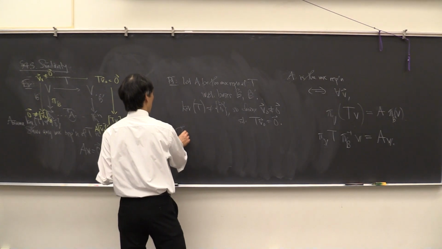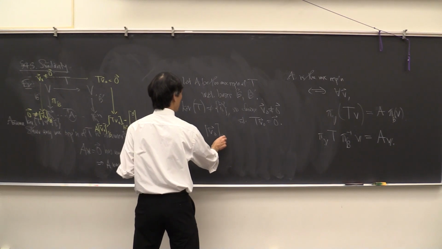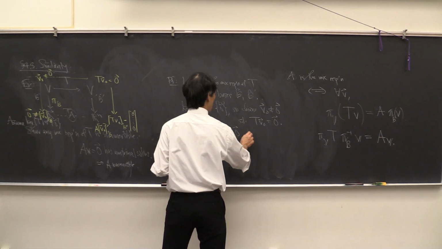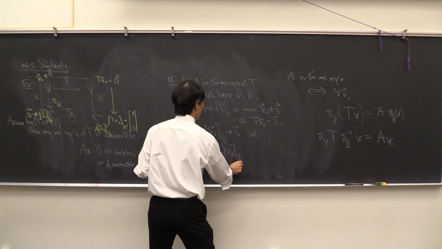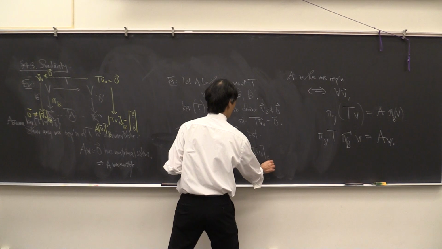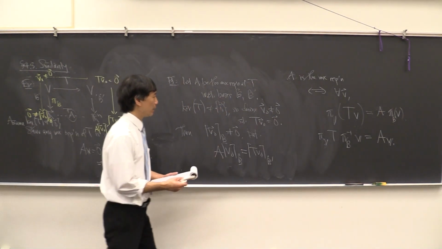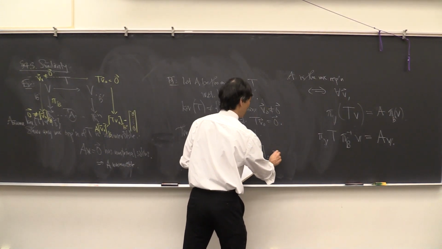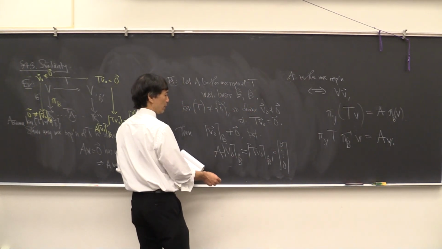But then the coordinate vector of V naught with respect to B is non-zero, but A of V naught with respect to B is T of V naught with respect to B prime, because A is a matrix representation, right? But T of V naught is 0, so 0's coordinate vector with respect to B prime is going to be all zeros, right?